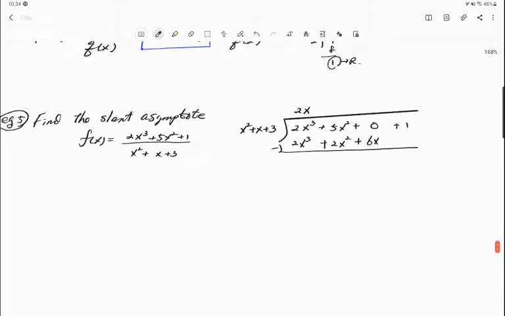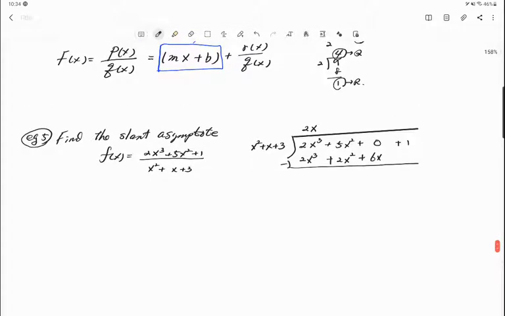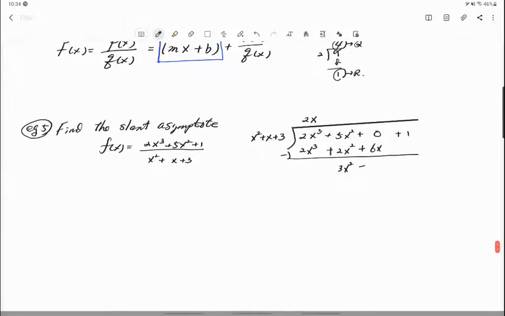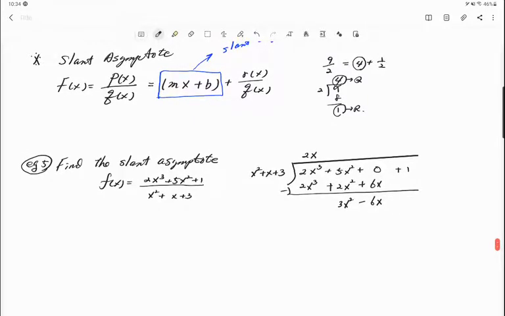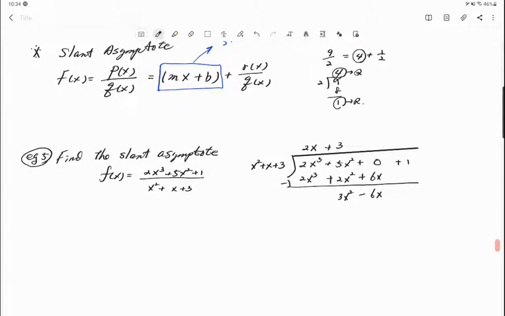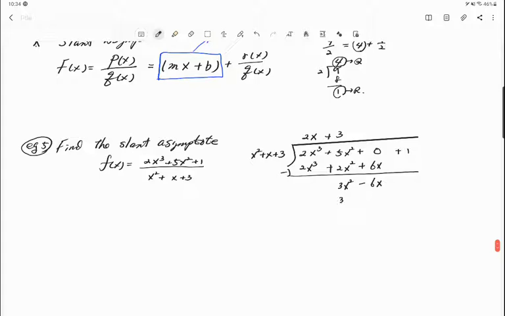Then the first term is 0, the second term will be 3x squared. The next one is negative 6x. Okay, let's try more. And then the next term will be plus 3, right? So multiply 3, then 3x squared plus 3x, and then plus 9.